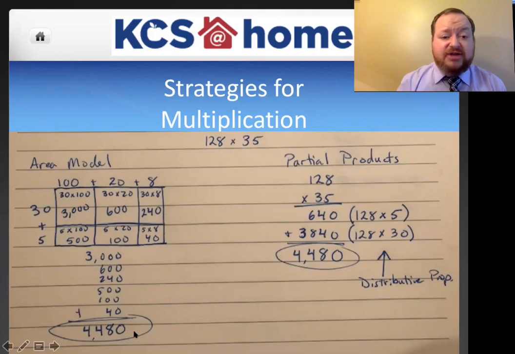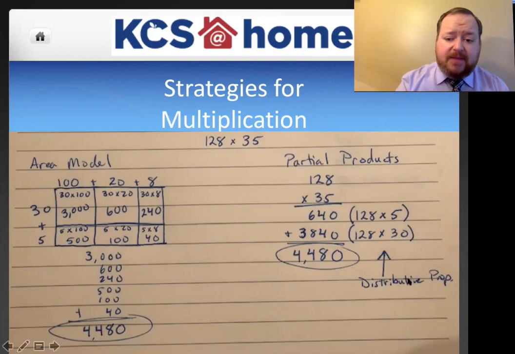Again, that's a strategy you learned to start using in third grade when you were doing multiplication. We also did partial products. So 128 times 35 here, I broke it apart into some smaller problems: 128 times 5 and 128 times 30. And I was able to find my answer, the exact same answer I found with the area model.